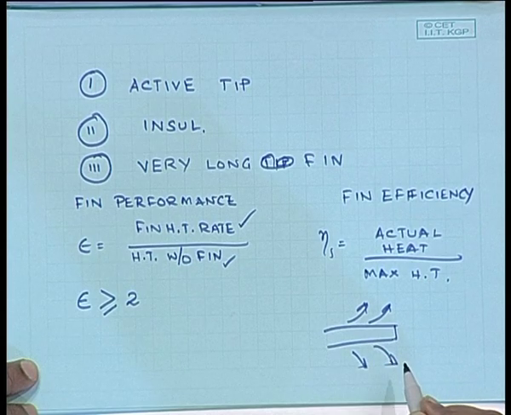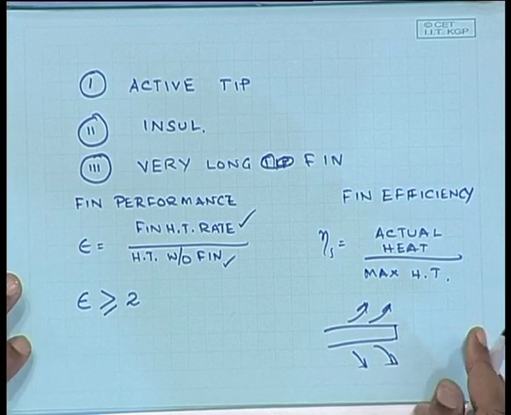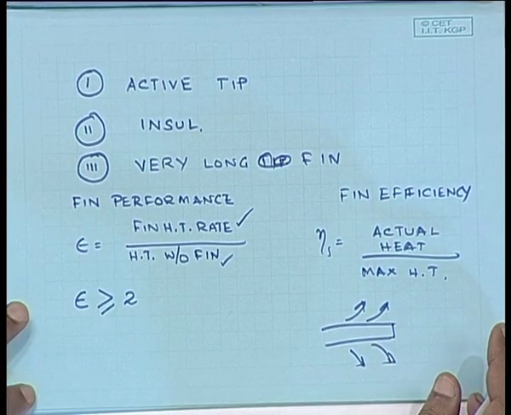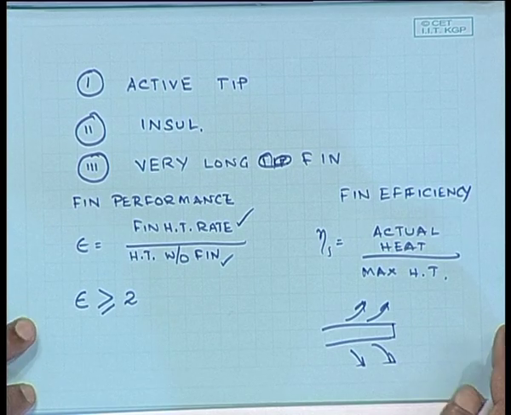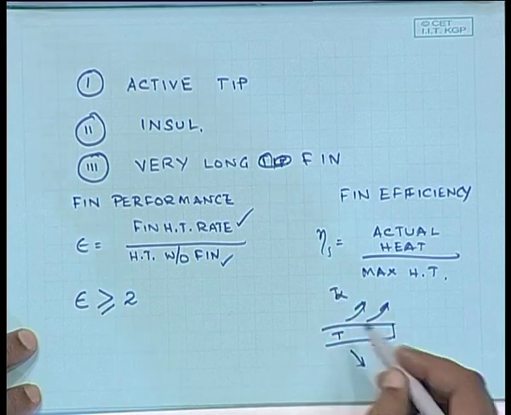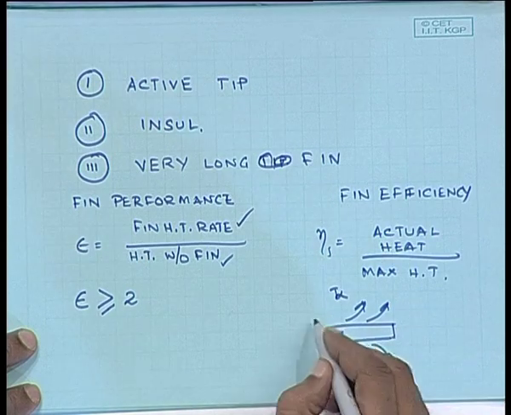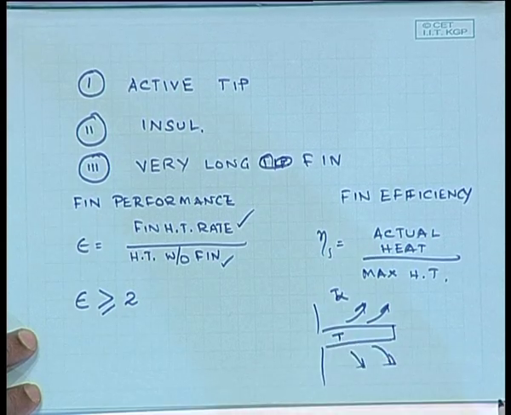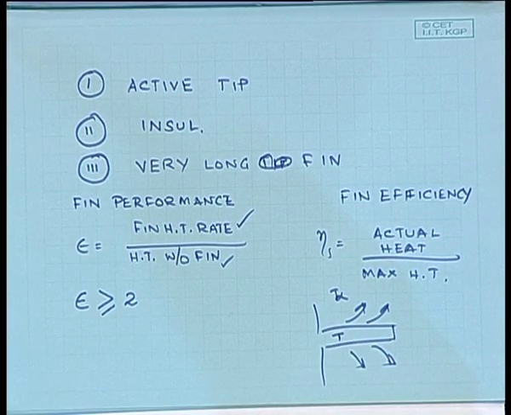And when do you think the fin would be maximum efficient? When the temperature difference of the fin and of the surrounding is very high. So, T of the fin minus T infinity is very high. Where is the maximum temperature of the fin?